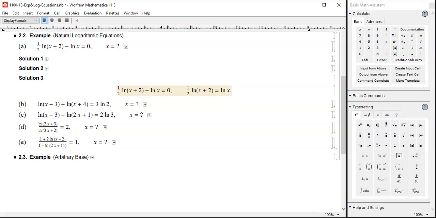Flipping log of x to the other side. It worked because we have 0 here. If I had anything else, this wouldn't have worked. So this is a kind of gimmick solution. For example, here it's not going to work. For C, it's not going to work, and so on and so forth.